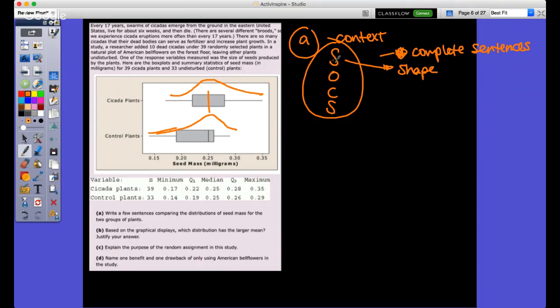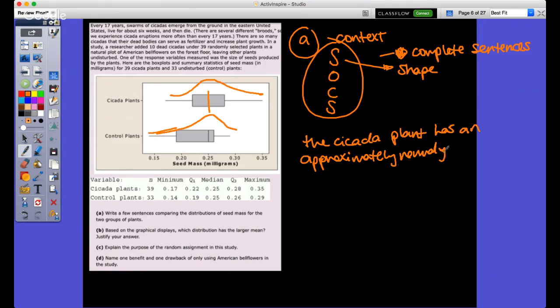So if we're writing a comparison, I'll start with this first sentence, with context. We would say the cicada plant has an approximately normal shape.